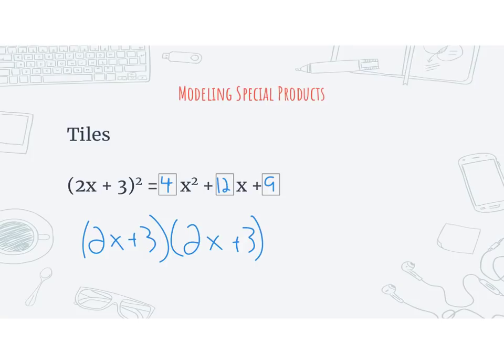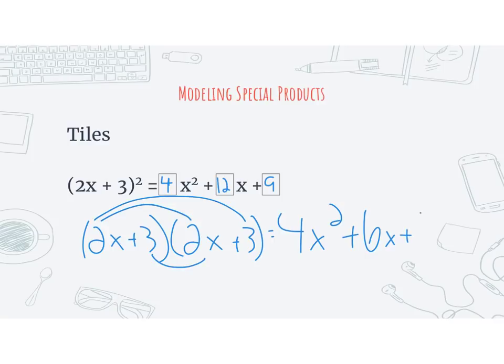Now we do exactly what we did previously this week, which is we're going to distribute. So I get 2x times 2x, which is 4x squared. 2x times 3 is 6x. 3 times 2x is 6x.